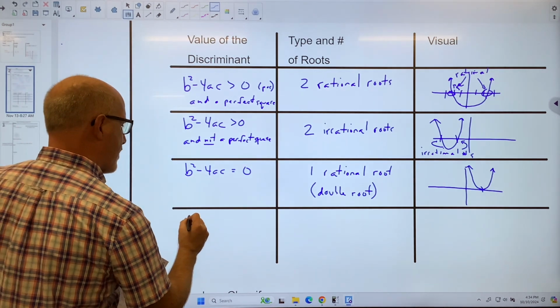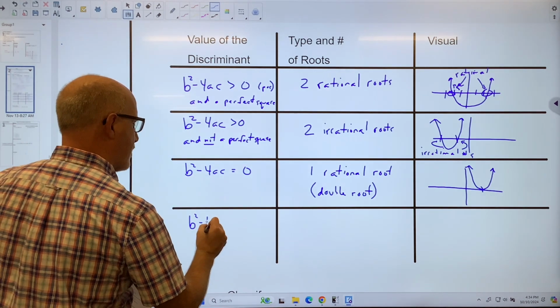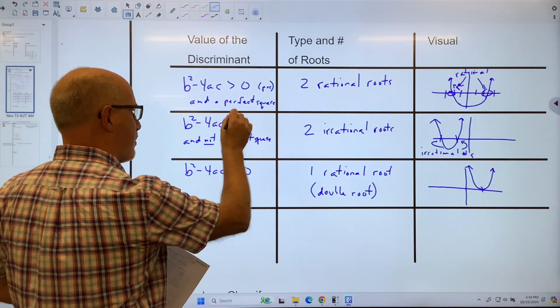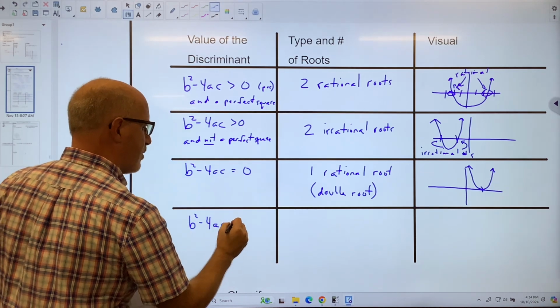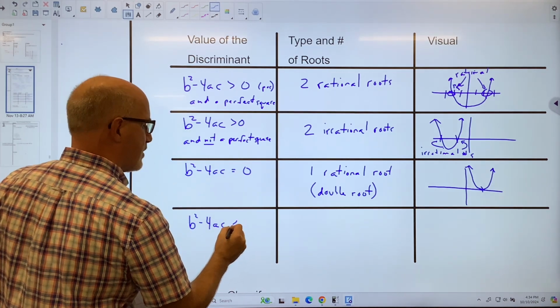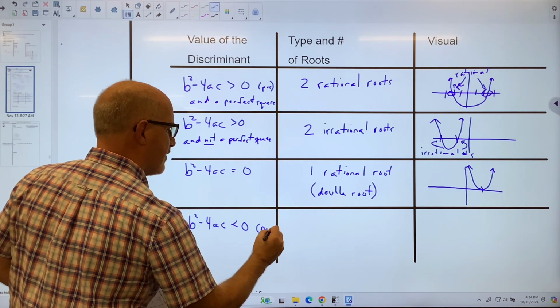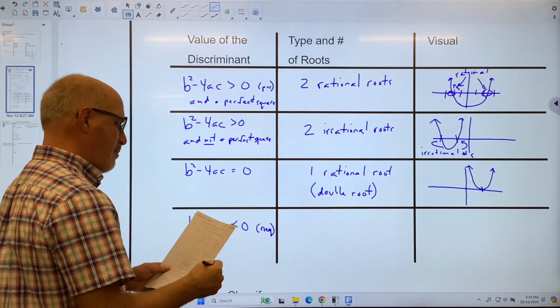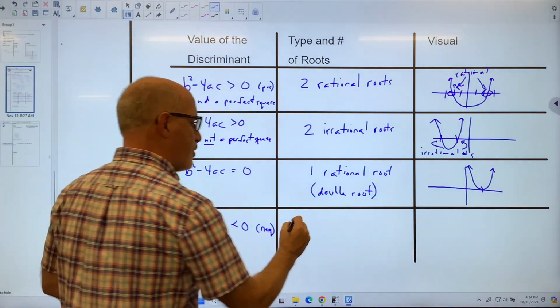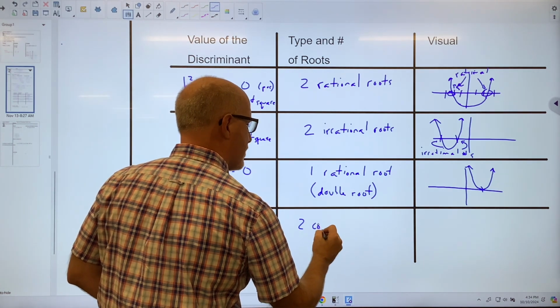And the last category down here, you probably could guess what it would be. We've gone positive, we've gone 0, let's go negative. So if this one's less than 0, which means it's negative, that means we're going to have two complex conjugate roots.